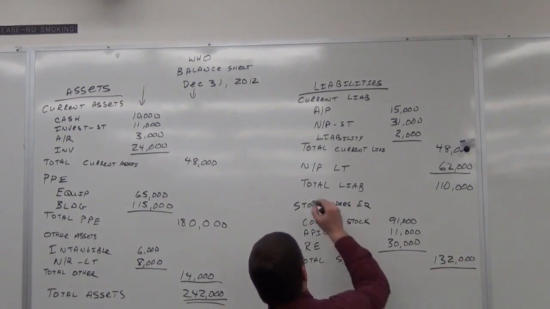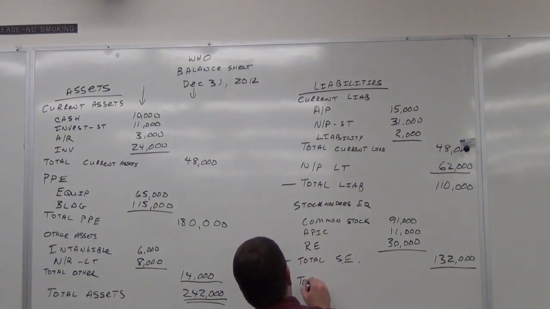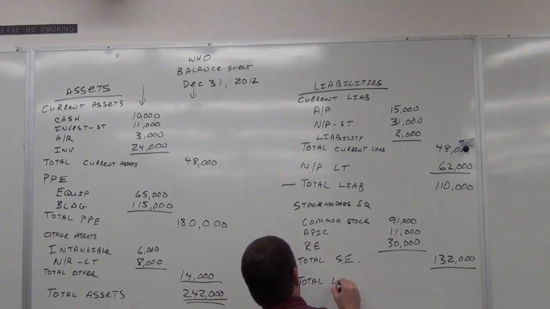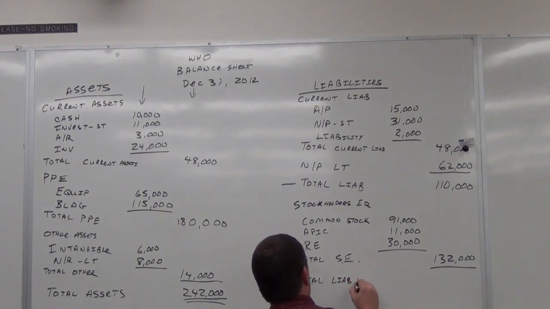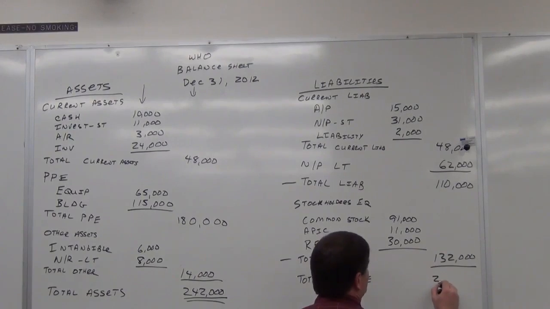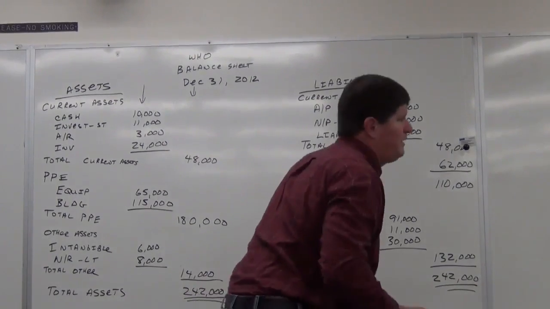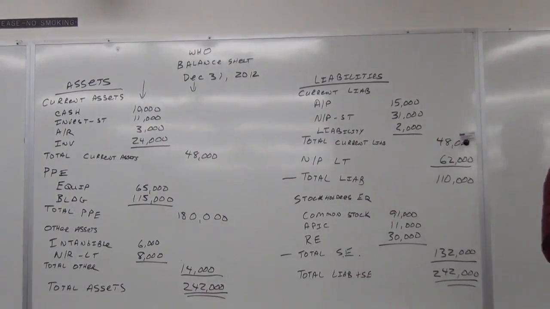What's left? All I have to do is add together my total liabilities and stockholders' equity to give me total liabilities and stockholders' equity of 242. Double underline, show the world I'm done. Am I in balance? Yes. Right on.